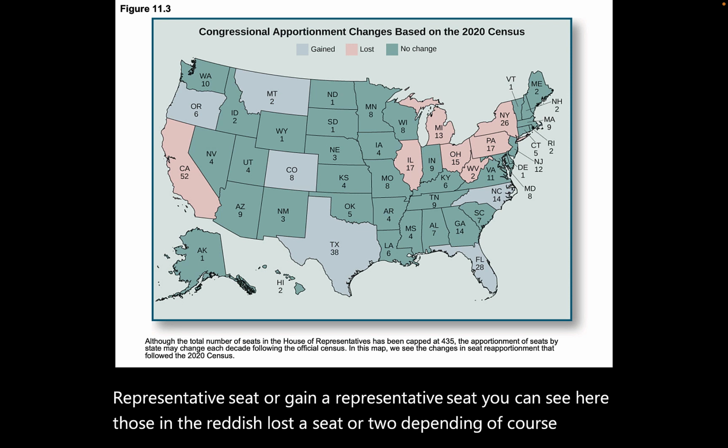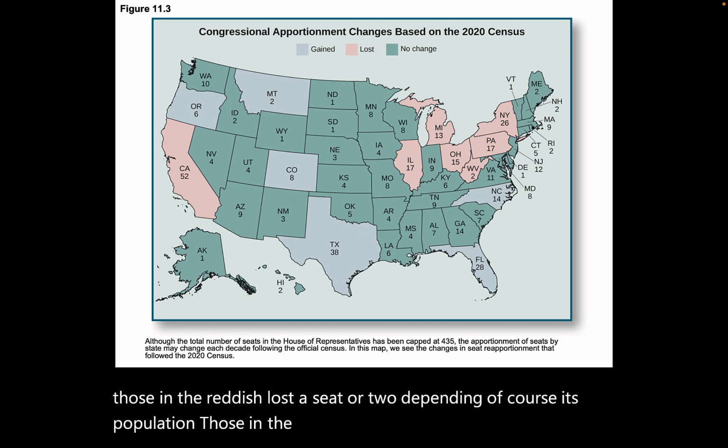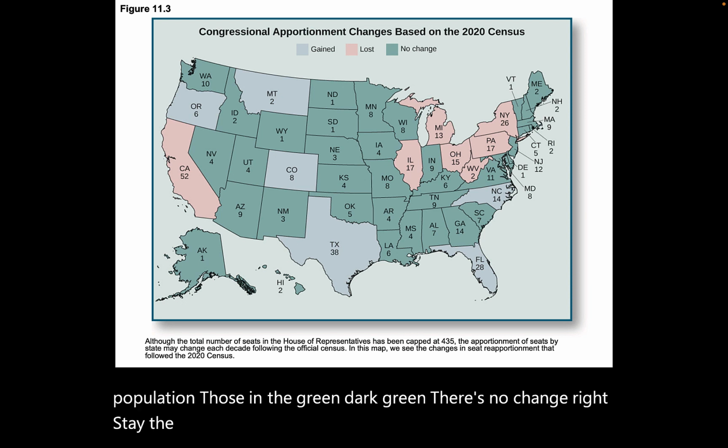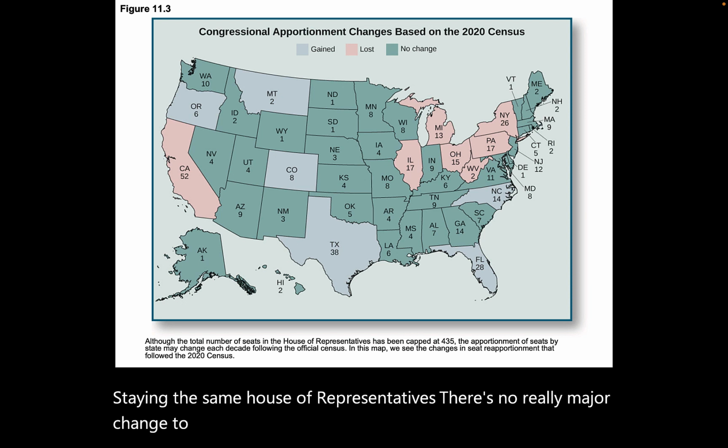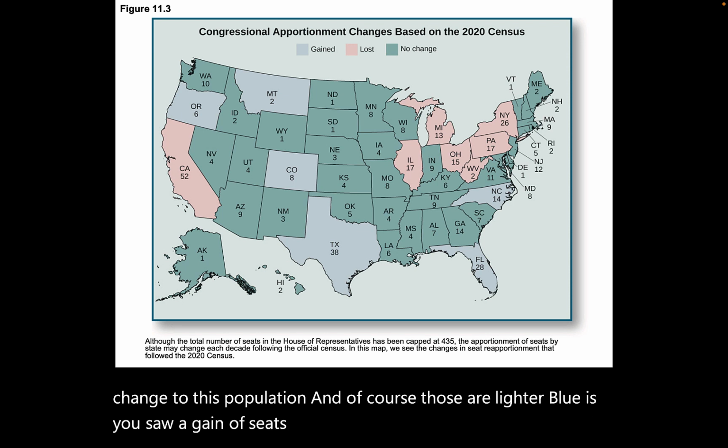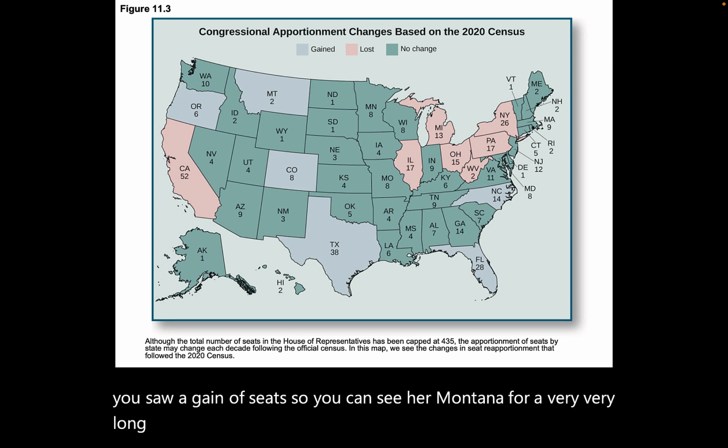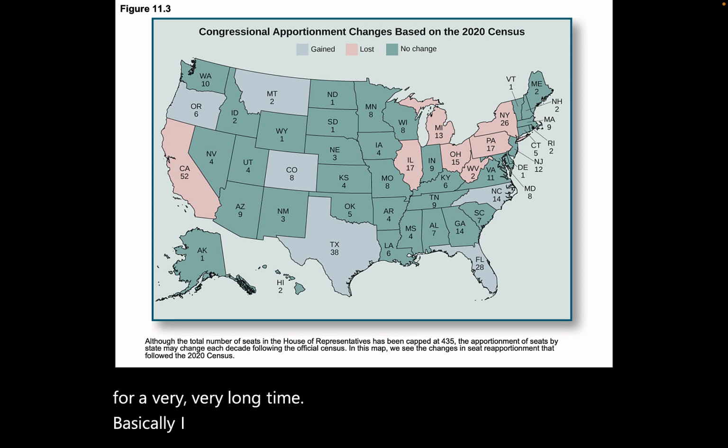Those in the dark green have no change, staying the same in the House of Representatives because there's no major change to their population. And those in the lighter blue saw a gain of seats. You can see here Montana for a very, very long time had, I believe, if I'm correct, one representative.